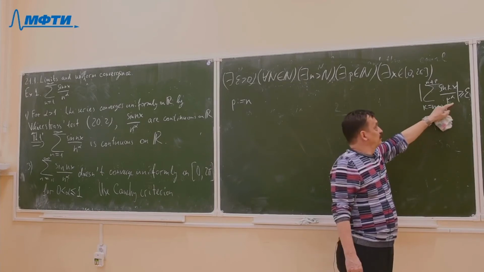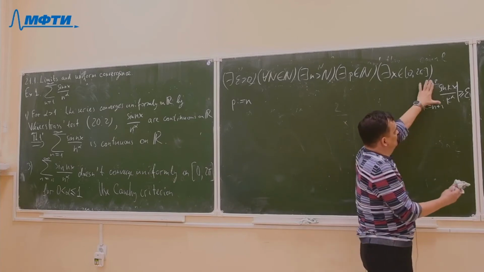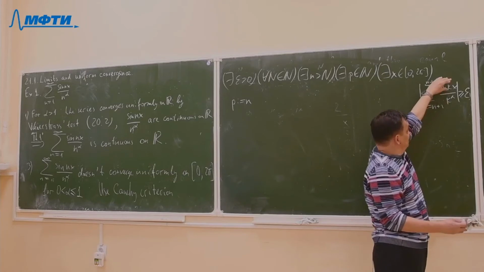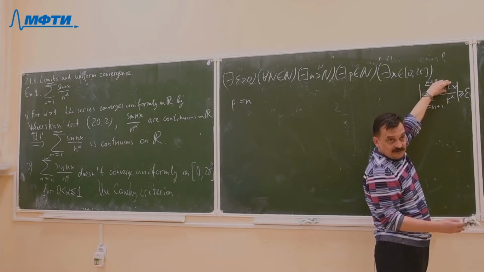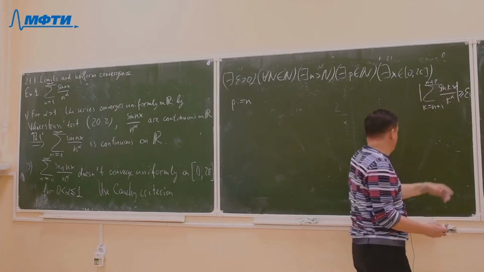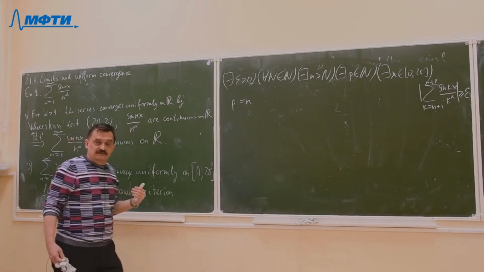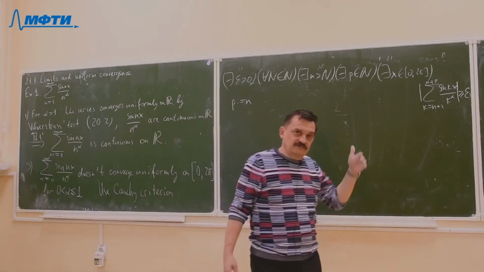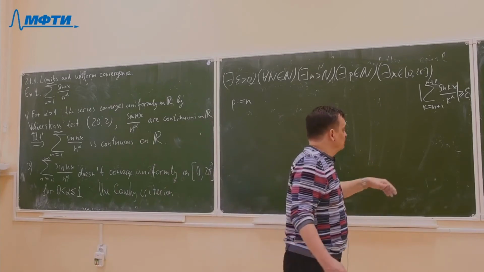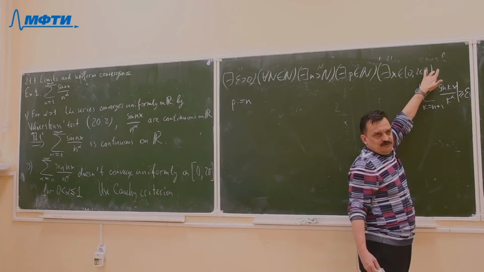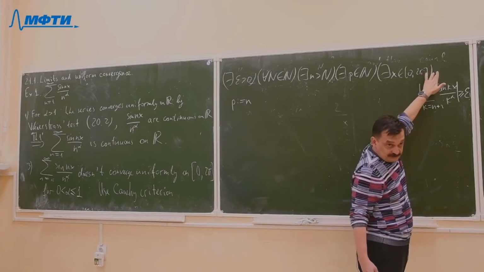Why? Because if you consider one term, sine is bounded by 1, and 1 over n power alpha, for alpha positive, tends to 0. The general term tends to 0. That is why you cannot expect to have p bounded.